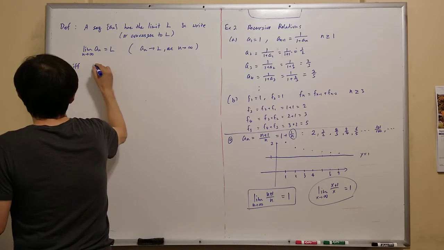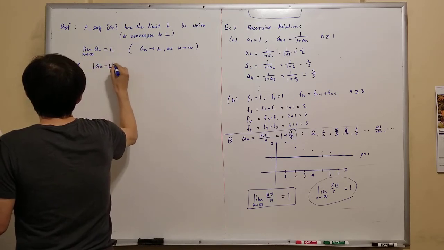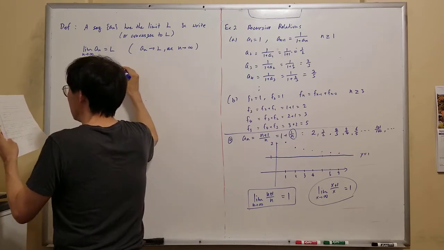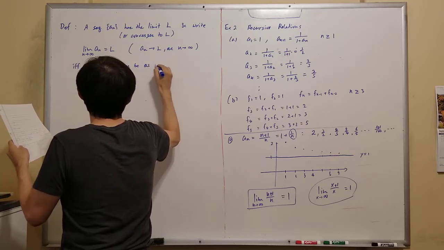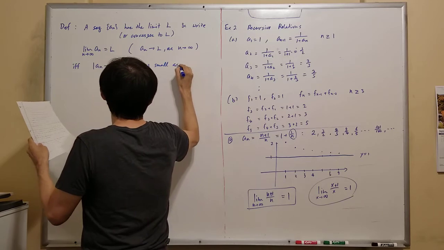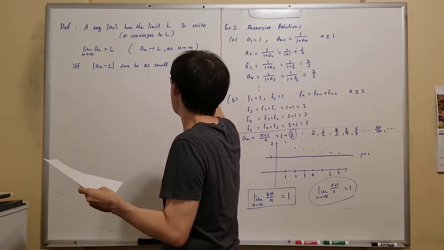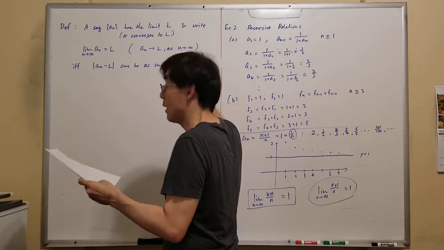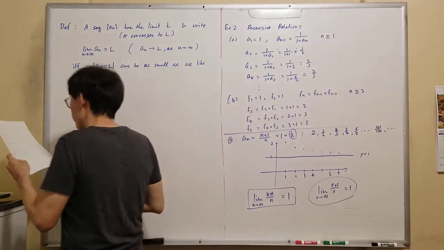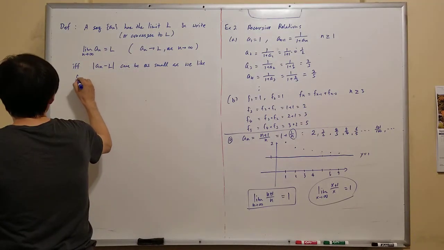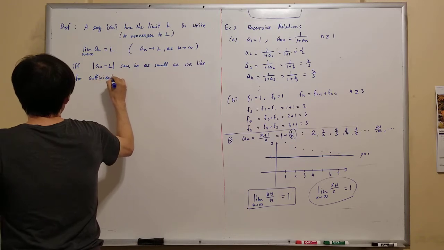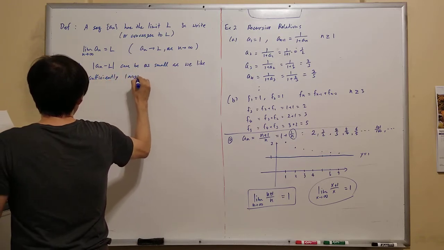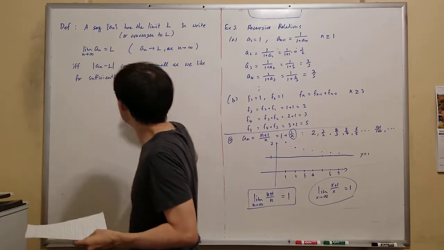If and only if the difference between the a_n value and L can be as small as we like for all sufficiently large n.